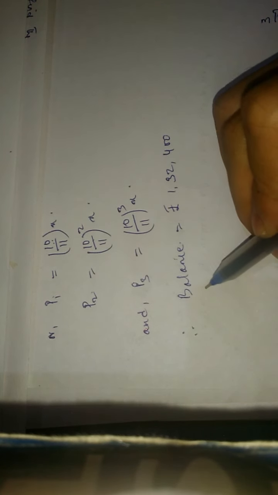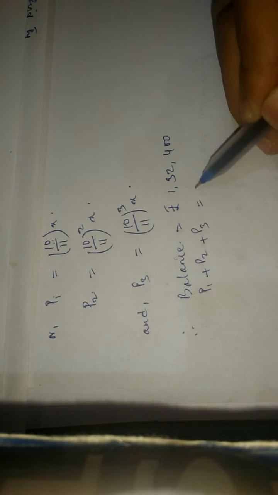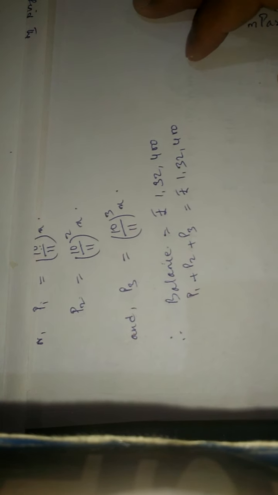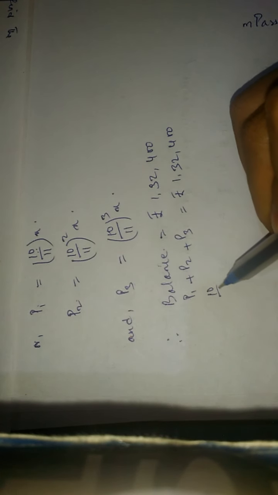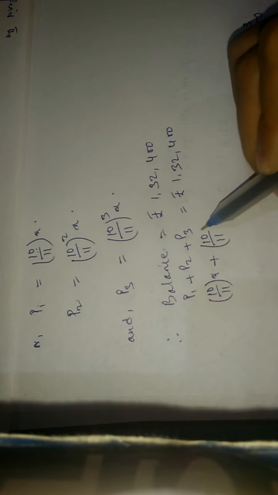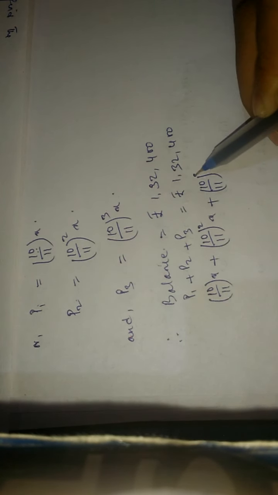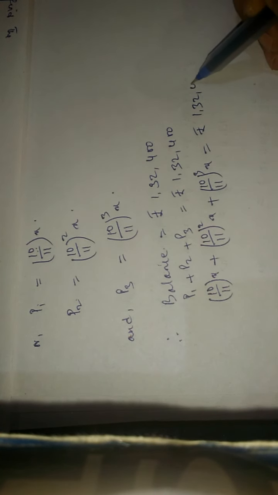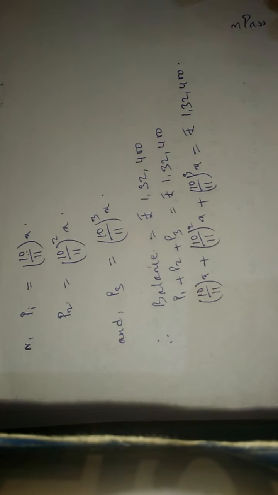So P1 plus P2 plus P3 equals rupees 1,32,400. Replacing the values: 10 by 11 x plus 10 by 11 squared x plus 10 by 11 cubed x equals rupees 1,32,400. Now take common factors from these three terms.